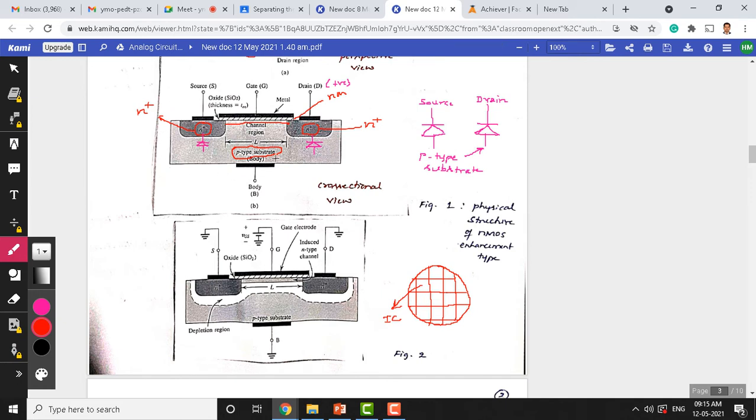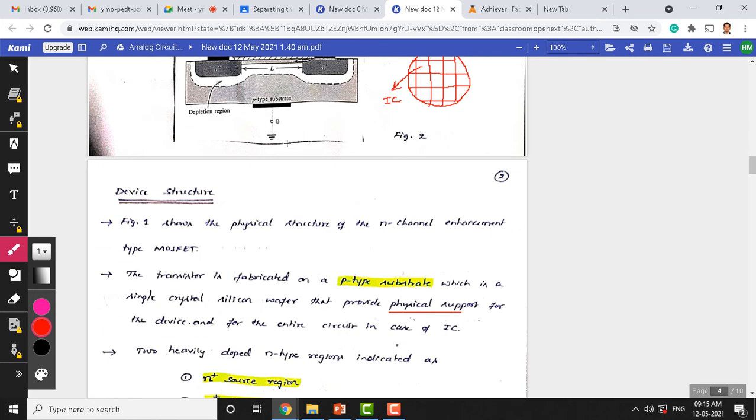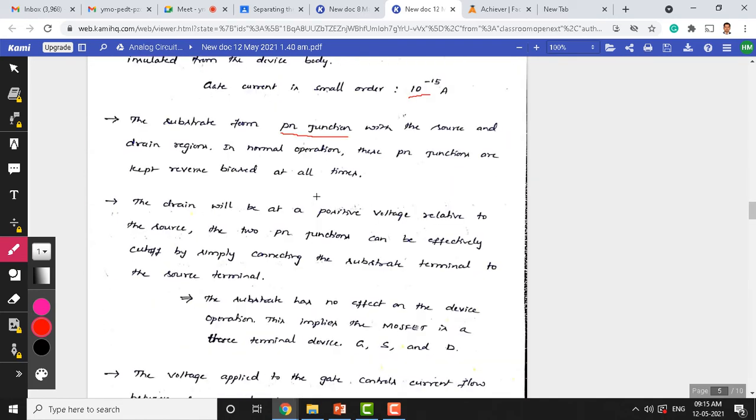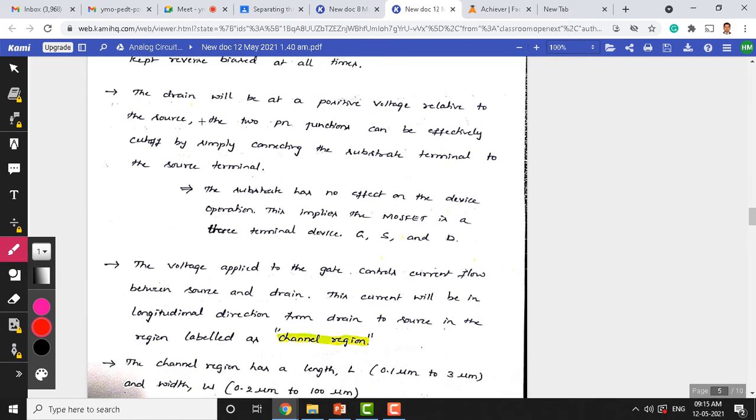So therefore these PN junctions become inactive during the normal operations here. That's what we are trying to explain. So they are kept reverse biased at all times during normal operations. The reason is discussed below. The drain will be at positive voltage relative to the source, and the two PN junctions can be effectively cut off simply by connecting the substrate terminal to the source terminal.